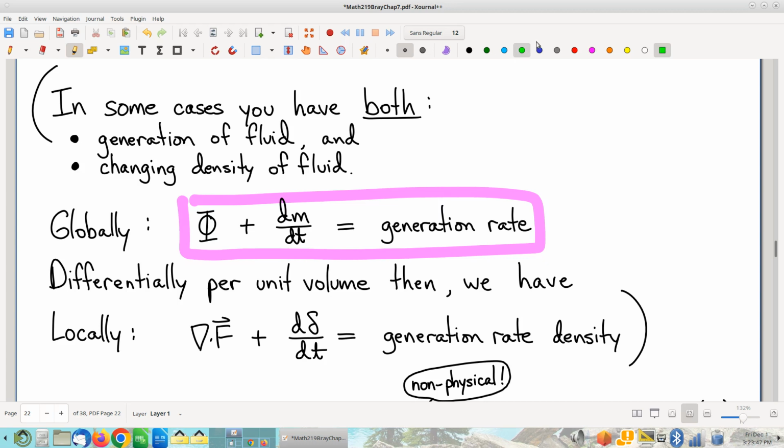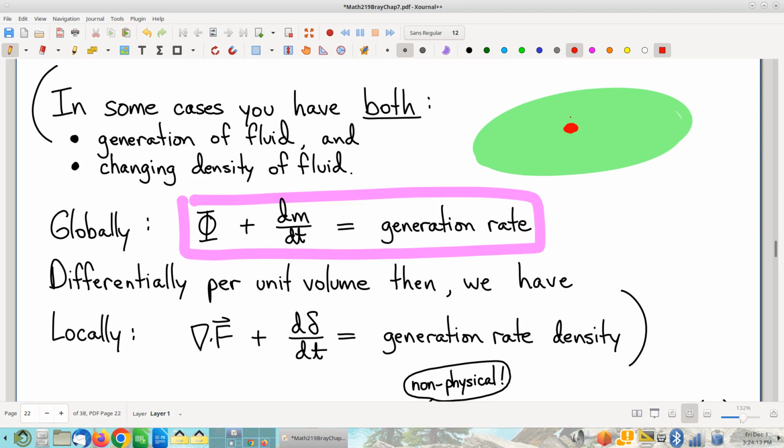So if you have a region here, some green, lumpy region, and let's imagine that fluid is being created on the inside. So I'm just gonna draw a little dot here. This dot represents that fluid is just spontaneously appearing there.